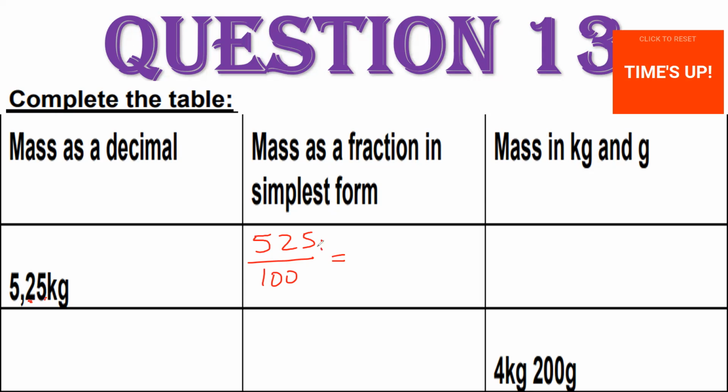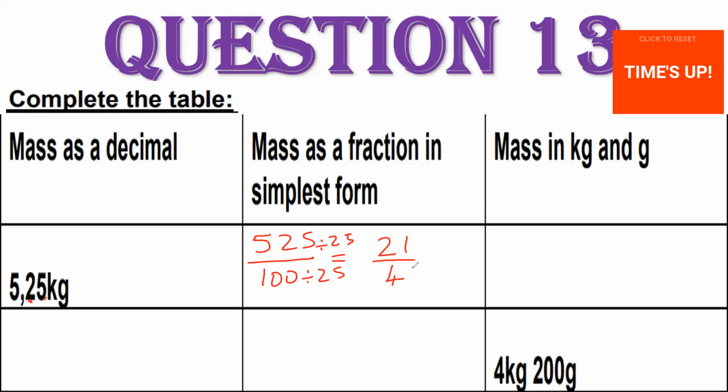Maybe divide by 25, right? Divide by 25 each. So in 525, how many 25s do I have? You can just count each 100, I have 4. So 21 over 100 divided by 25 is equal to 4. 21 over 4.